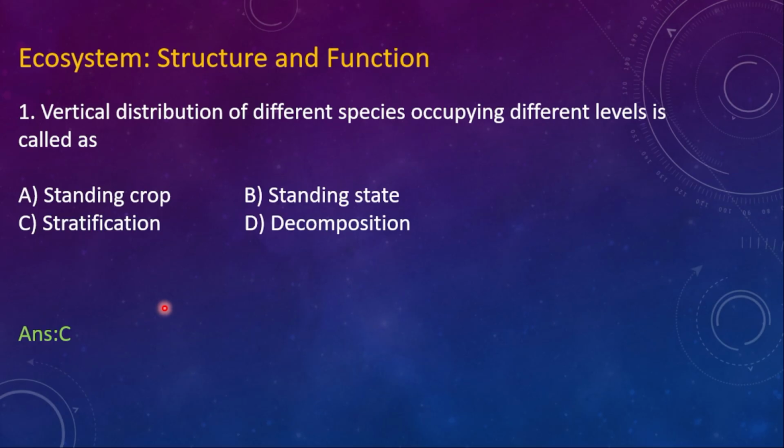For example, in a forest, the top layer has the tall trees forming the canopy, the middle layer has shrubs and small trees, and the bottom layer has herbs, grasses, and ground covering plants. So there will be three types of layers.